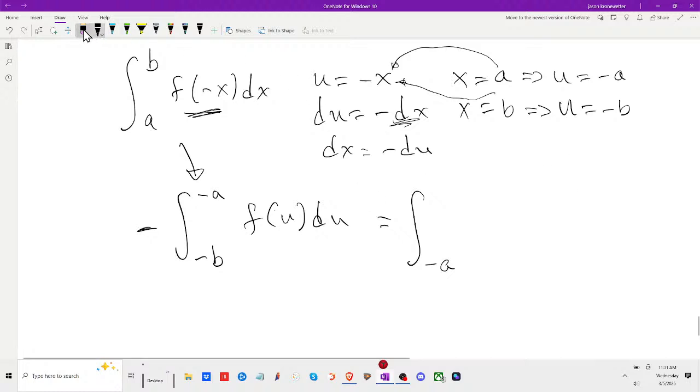You're just sitting there wondering why I haven't fixed it. So u is going from negative a to negative b. I put them in incorrectly. I jumped the gun there because I knew where we were headed. Let me just fix that. And I'm not going to do that again over here.